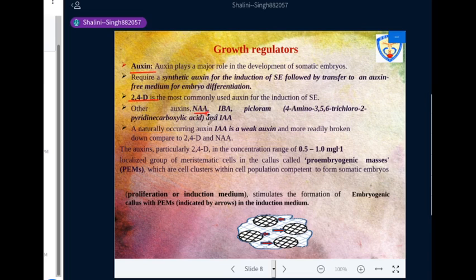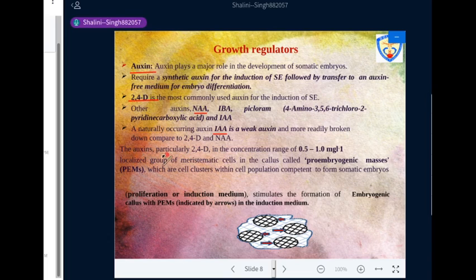Other auxins include naphthalene acetic acid, NAA, indole butyric acid, IBA, picloram, that is 4-amino-3,5,6-trichloro-2-pyridine carboxylic acid, and indole acetic acid, that is IAA. A naturally occurring auxin, indole acetic acid, is a weak auxin and more readily broken down compared to 2,4-D and NAA.